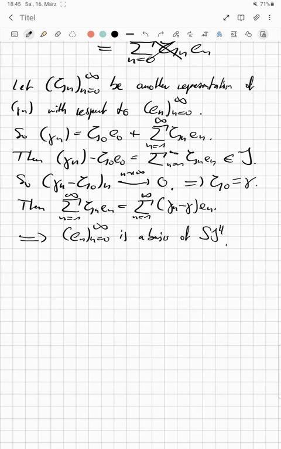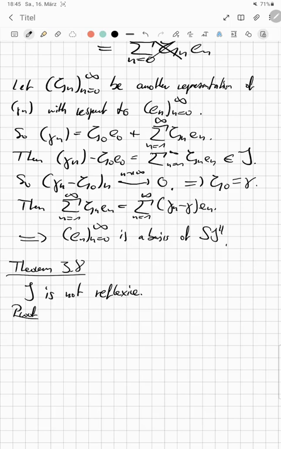Okay, and now from this we can show theorem 3.8, which is that J is not reflexive. And the proof will go like this. It will be quite fast.